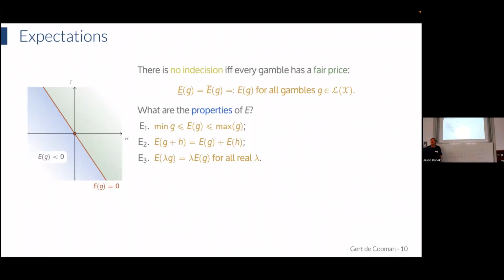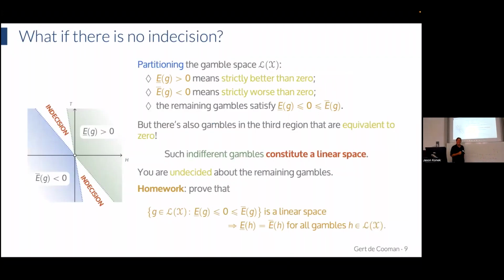What is a linear space? Ah, a linear space. Sorry, I assumed that you didn't know that. A linear space is something that is closed under addition and scalar multiplication. Not the same as convex. Convex is closed under convex combinations, while a linear space is closed under linear combinations. So it's a linear subspace. The set of all gambles is closed under addition and multiplication.